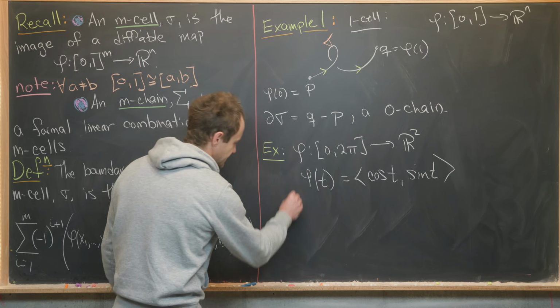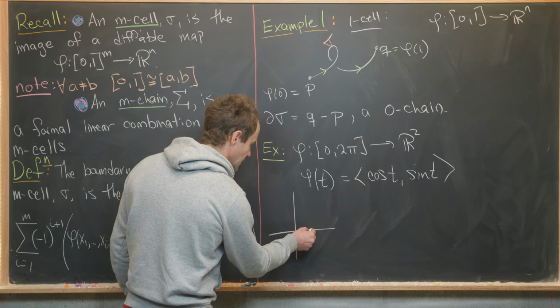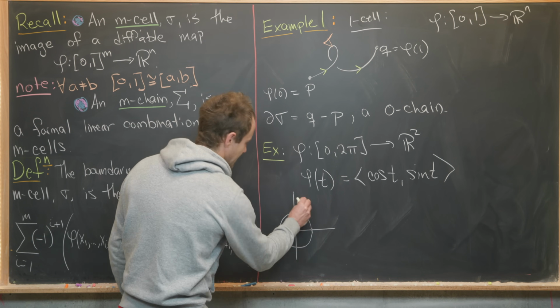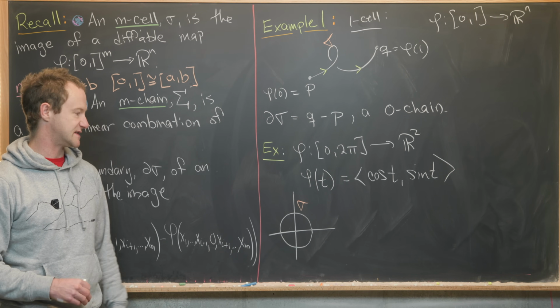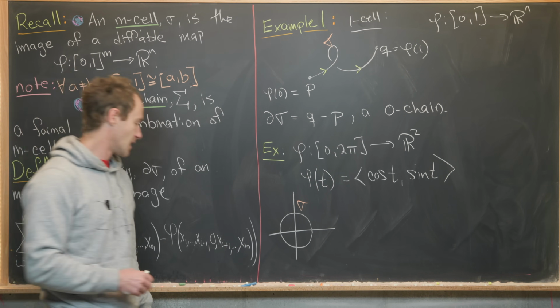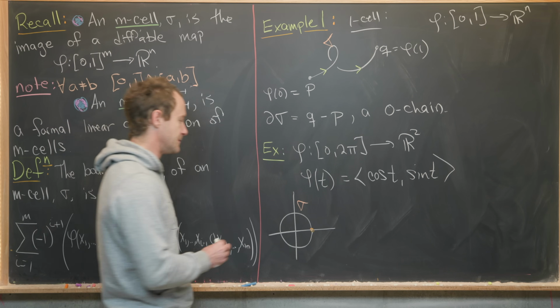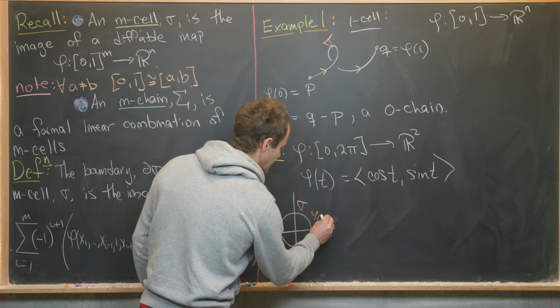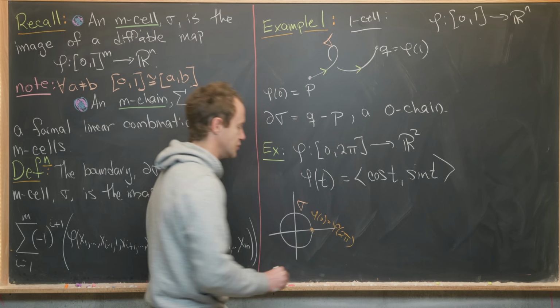Now, just from standard multivariable calculus, we have that the one-cell, which we'll denote by sigma, is the image of this function phi. In other words, it's this circle right here. Because we know something about cosine and sine, we know this point right here will be phi evaluated at 0, and it will also be phi evaluated at 2 pi.